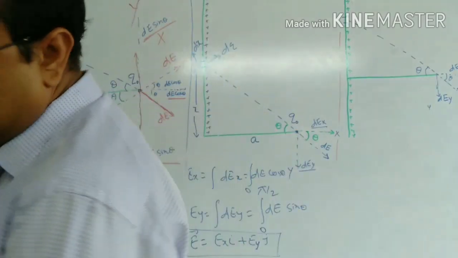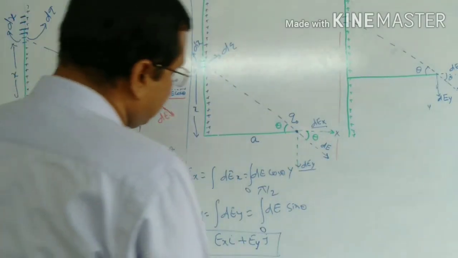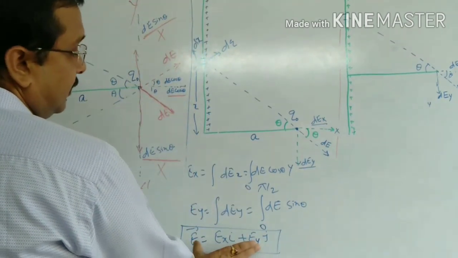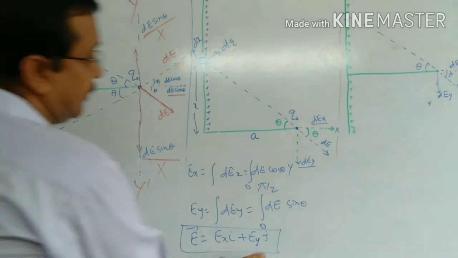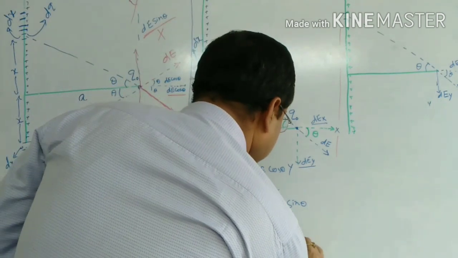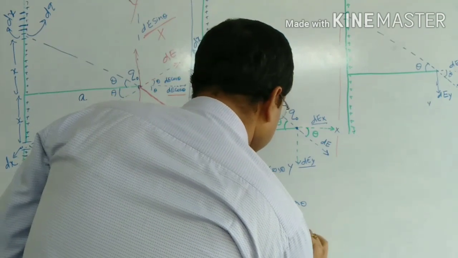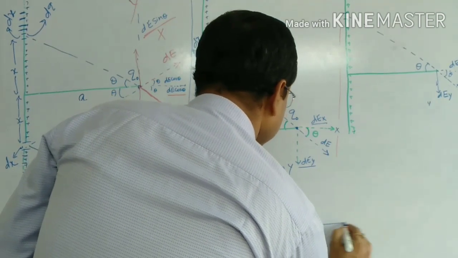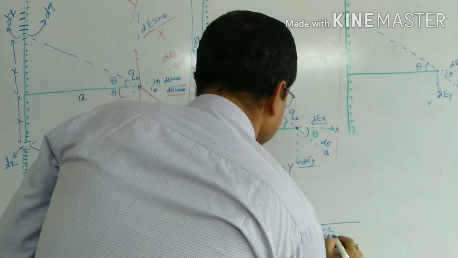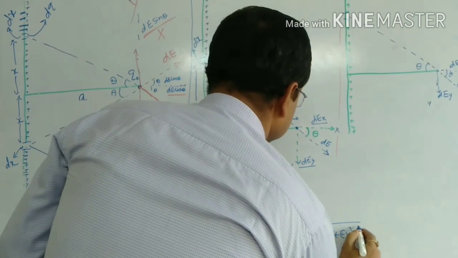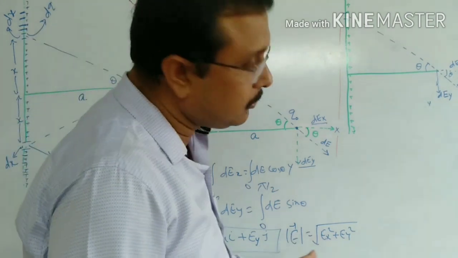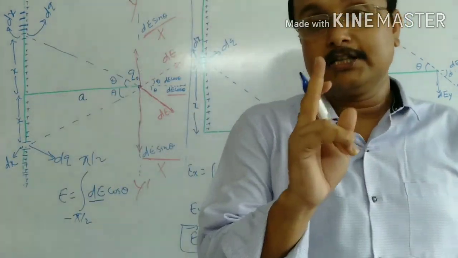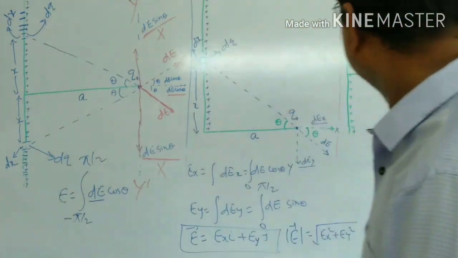We have to calculate Ex i plus Ey j, and in this way we calculate the magnitude of the electric field, meaning under root Ex square plus Ey square. That we understand. In this way we can calculate the value of electric field for a semi-infinite length.